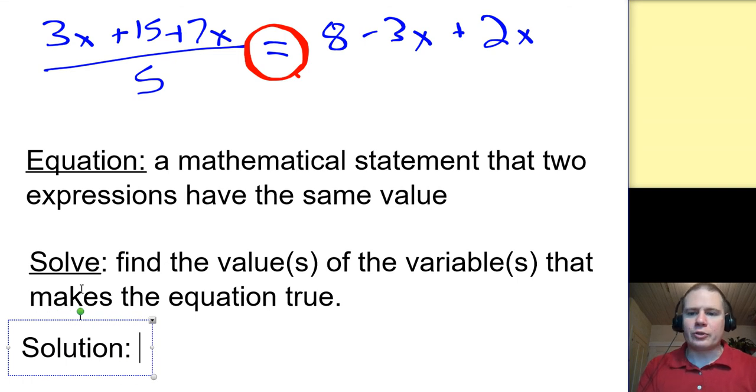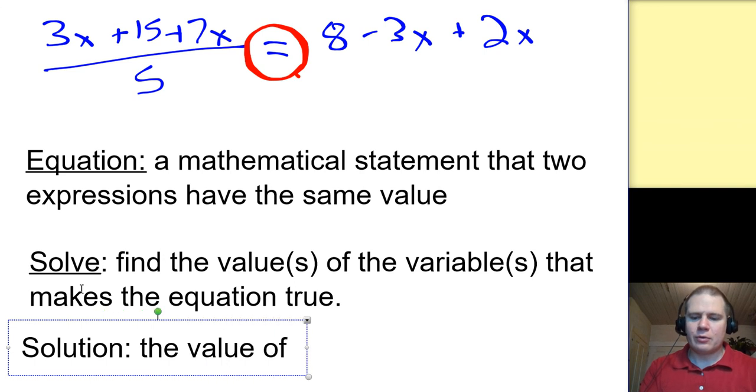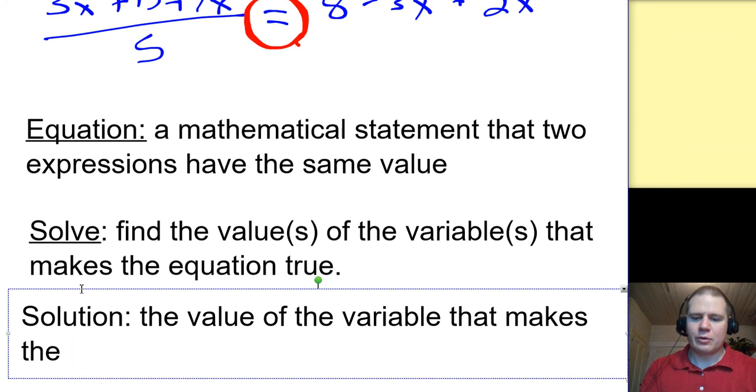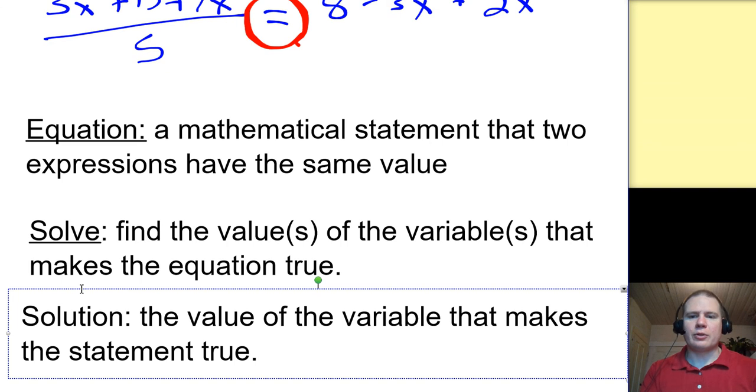Solution. Solution is a noun as opposed to solve, which is the verb. The solution is that value that makes the statement true.